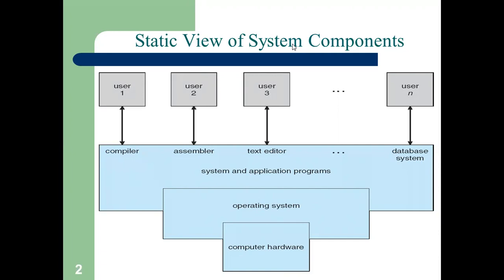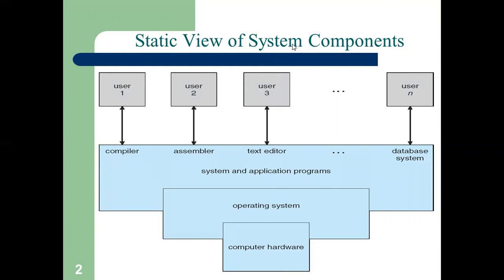The second stage has the direct interface with the computer hardware: the operating system, which is called the platform, or the interfacing device, or the system software, whatever definition you use.